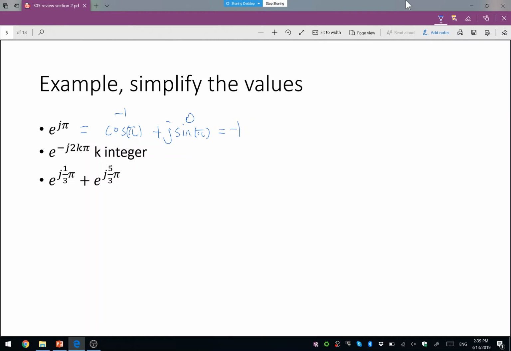And second one, let's add something like k here. k is an integer, but still it does not change the thing. So who wants to try this one? So it's 1.